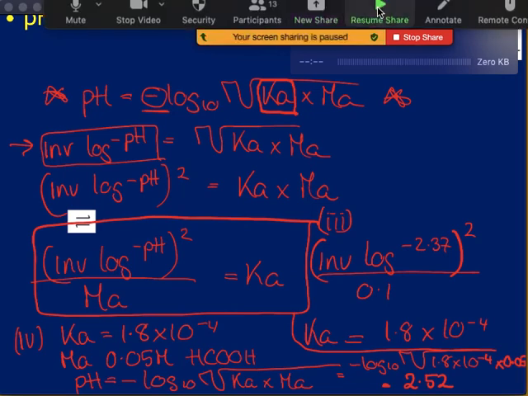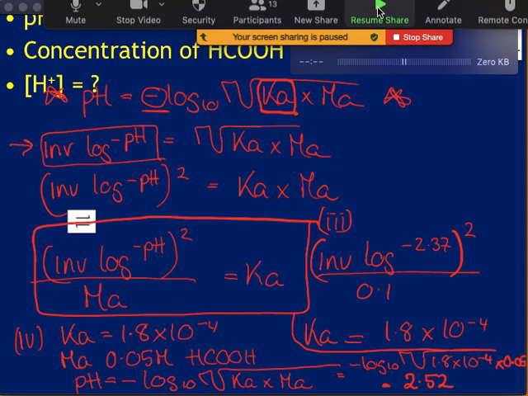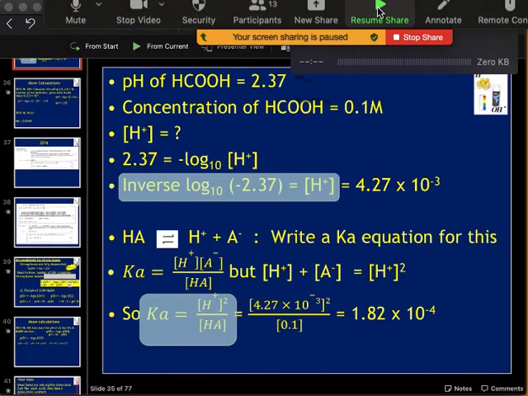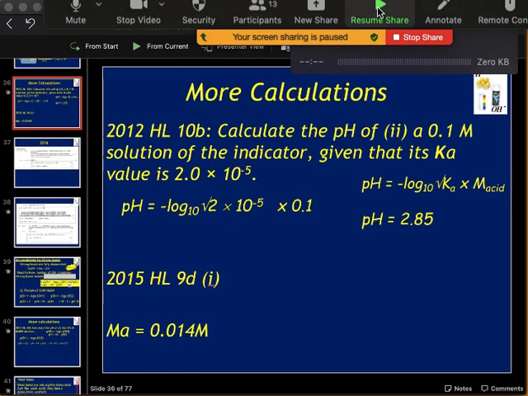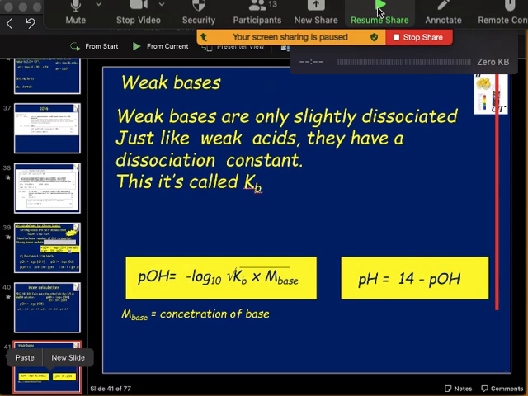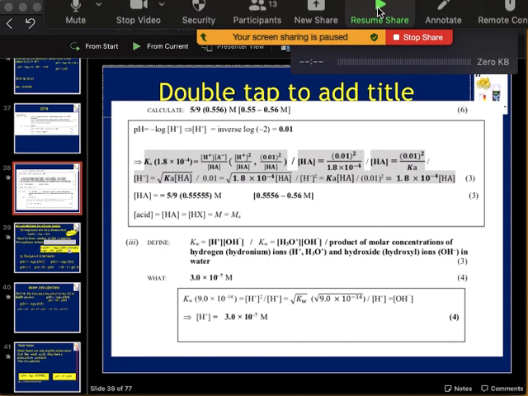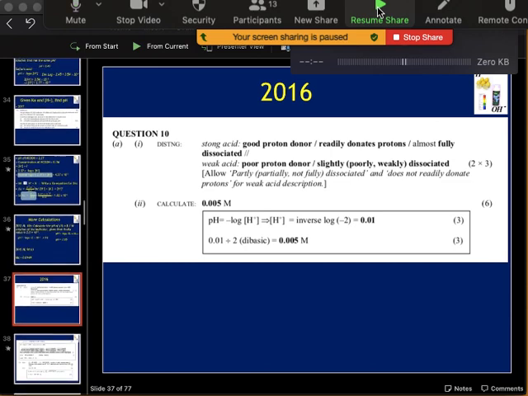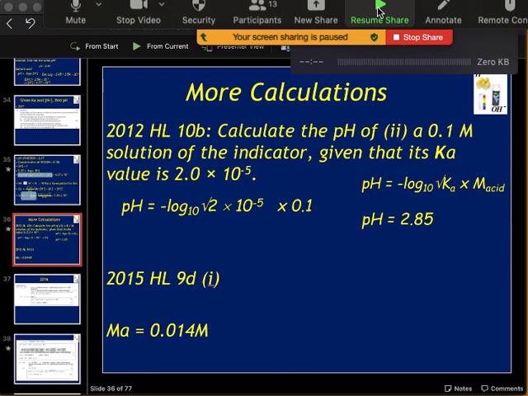So there are 2 weak acid questions, 2016 10A. Okay, I've got to find questions for you. Insert new slide.